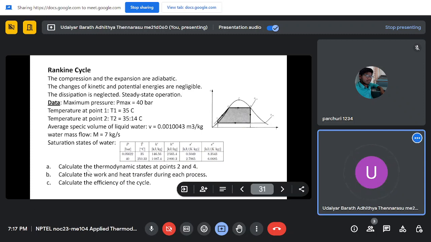And you need to calculate the thermodynamic state points at points 2 and 4, and work and heat transfer in all of the processes, and the efficiency of the cycle. I think all the data is given. I think you can try once, and we'll see it. I'll give you 2 minutes.